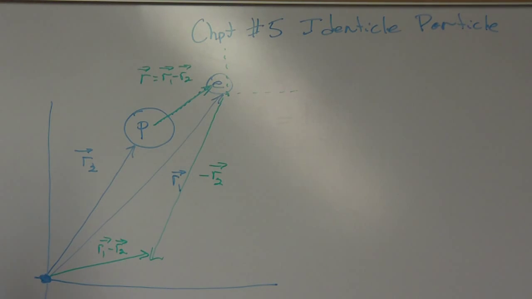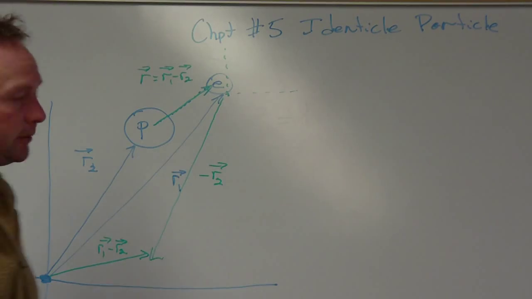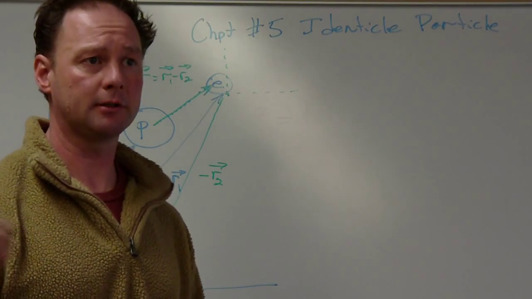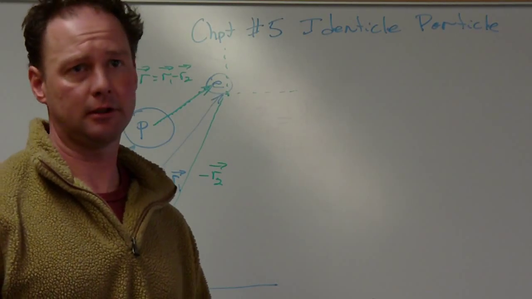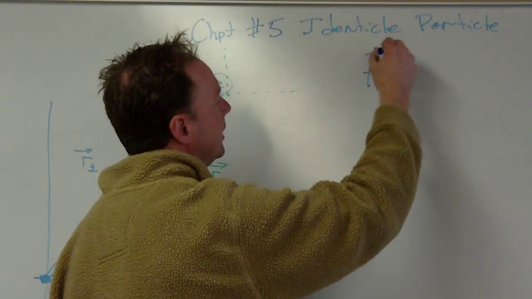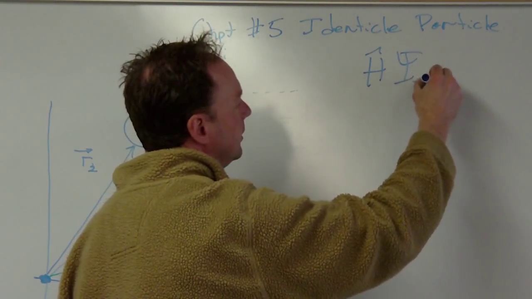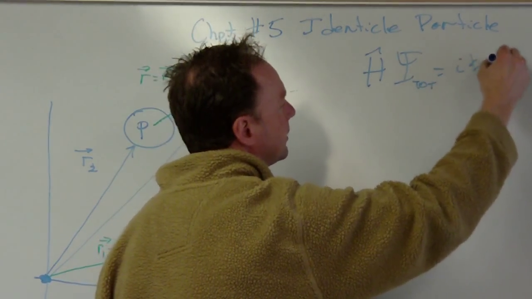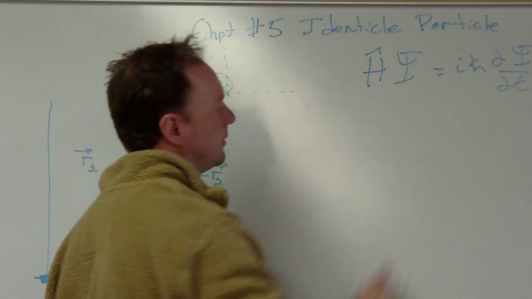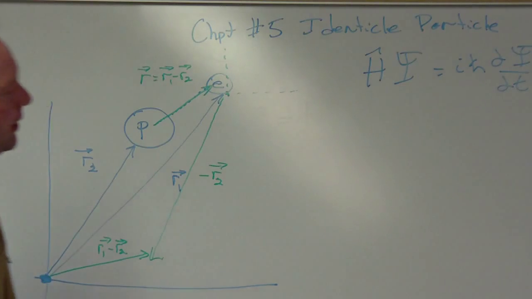Let's do quantum mechanics. Where do you start? Start with Schrodinger's equation: H times psi total equals i h-bar partial psi with respect to t. I'm not going to put the total in there, it's understood. What are we going to do next?